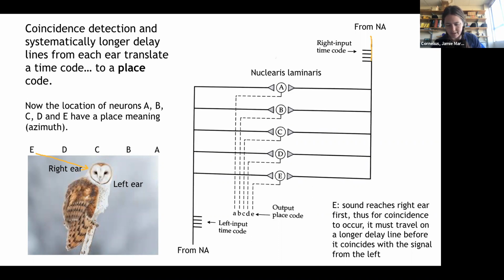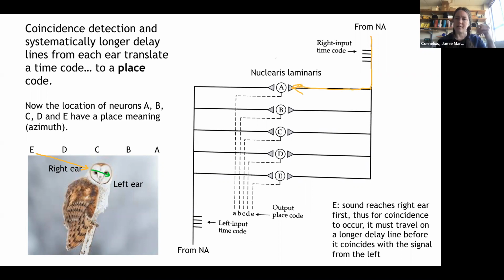So here comes the right ear signal. And as that sound is moving to the left ear, we'll do that in green. The signal from the right ear is moving into the nucleus laminaris.